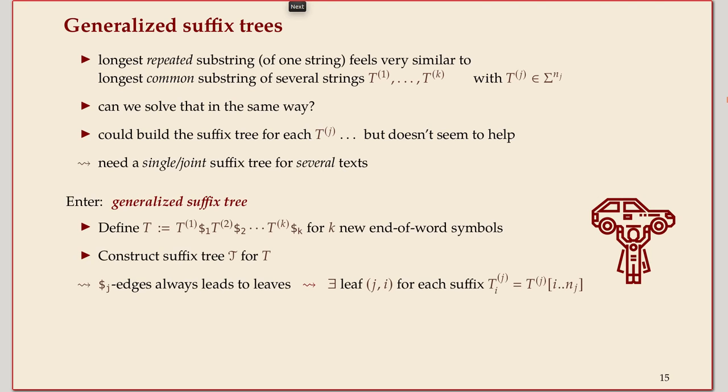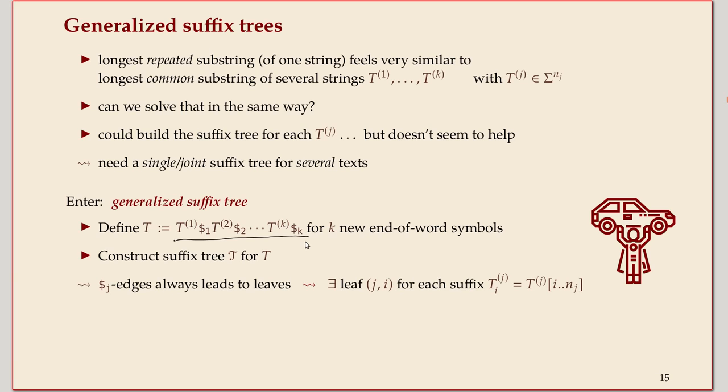What they do is, you take all your strings, you add an end of word character, as we always did. The difference now is you add a different new character after each of the strings, so that they're different and you can distinguish them. And that gives you one long text. And from this one long text, you compute your suffix tree.